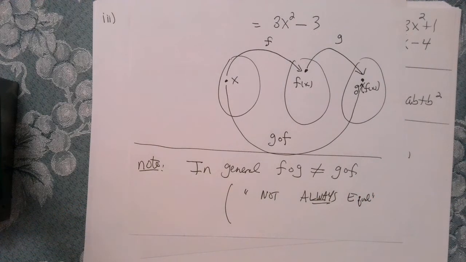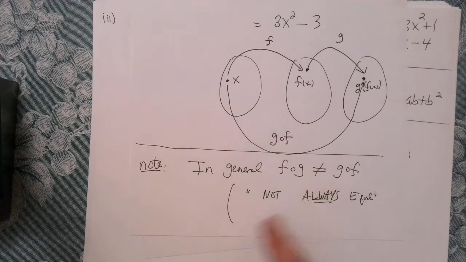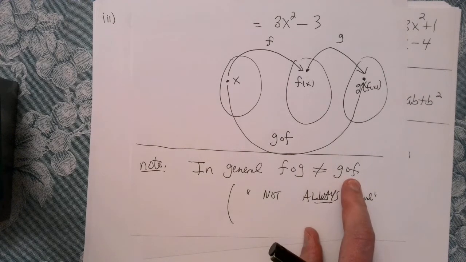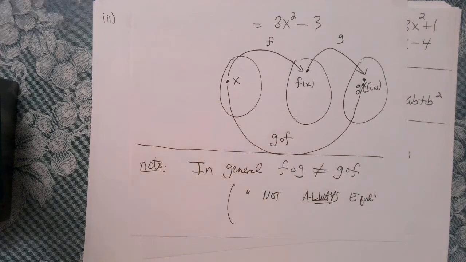We're actually going to notice in the next section some very, very important and special cases where they are equal. But to say something like this in math means it's not always the case that they're equal. So this not equal to this means it's not always the case that they're equal.